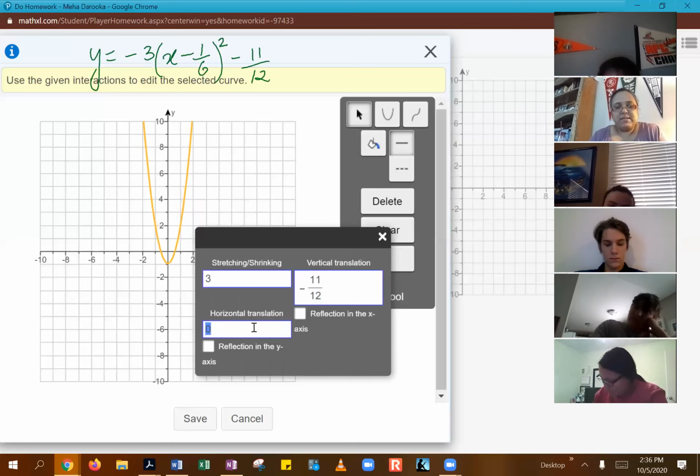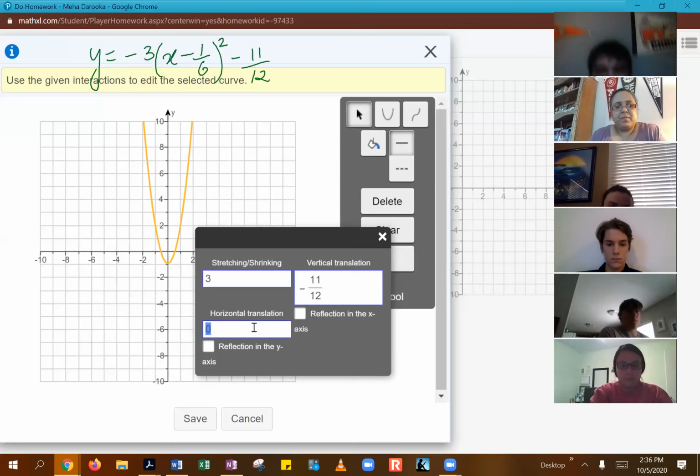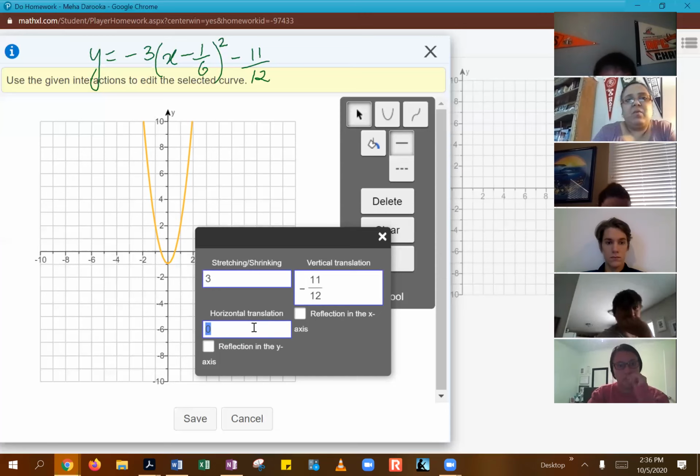Okay, what do you guys think about the horizontal translation? Yeah, so Nathan, you have -1/6. Abdul Aziz, you have +1/6. So remember, guys, in general, by default, our equation is x minus h.